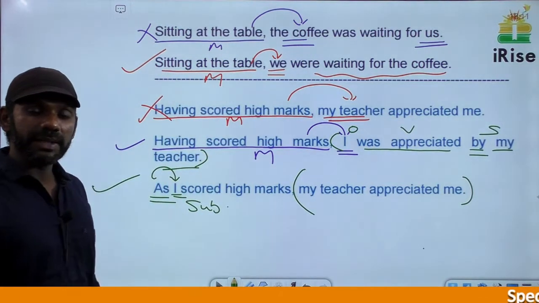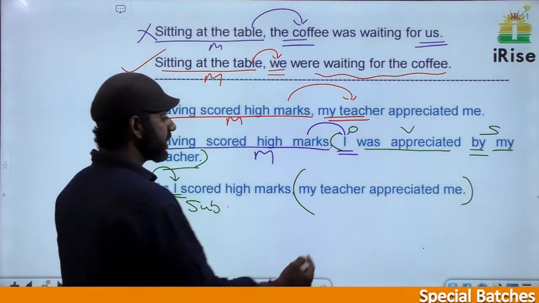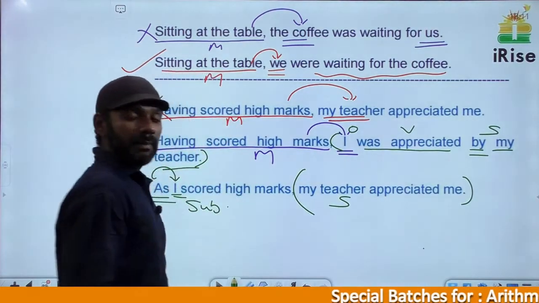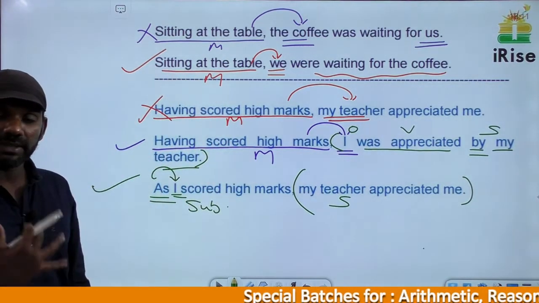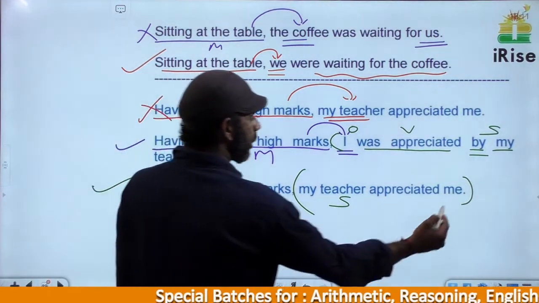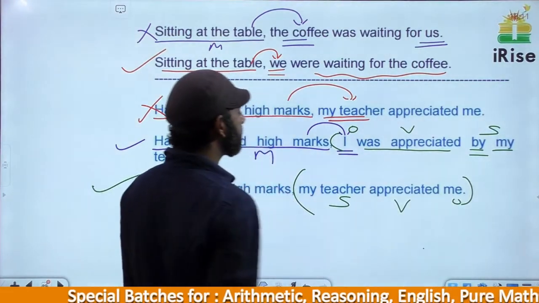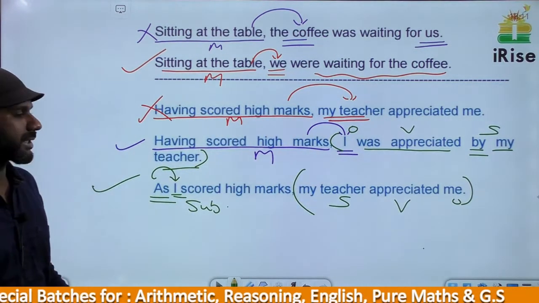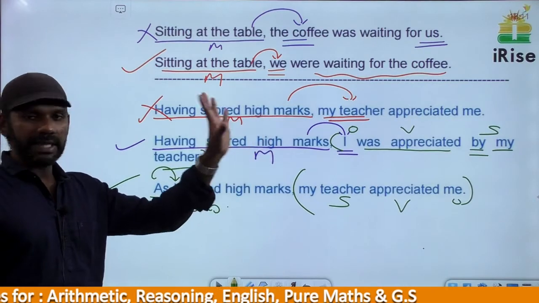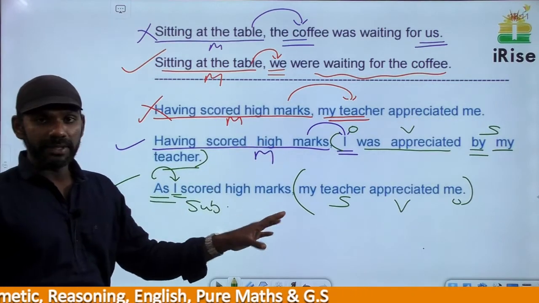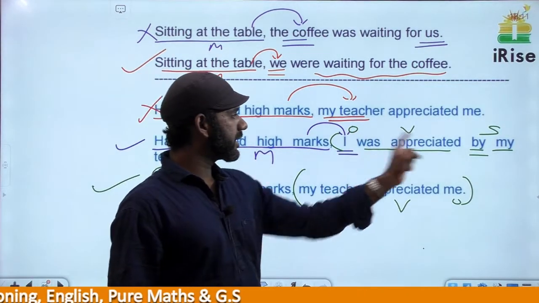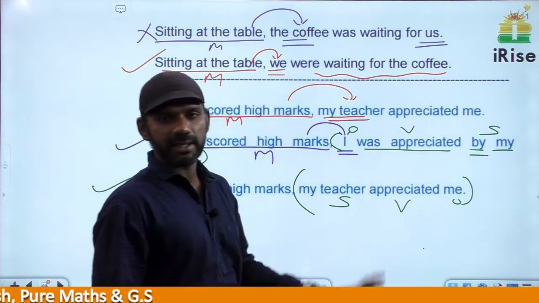My teacher did the action, subject. I received the action, object. Appreciate is a verb here, subject, verb, object, active voice. Both the sentences are grammatically correct. Both convey the same meaning. The only thing is, this one is in the passive voice, this one is in the active voice.